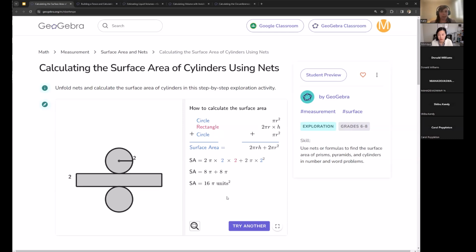So in all of these applets, we're really thinking deeply about what is the key piece of learning here. And we write out specific learning objectives. All of the thought around designing these applets is really about getting students to think deeply and focus their mathematical thinking around a certain aspect.